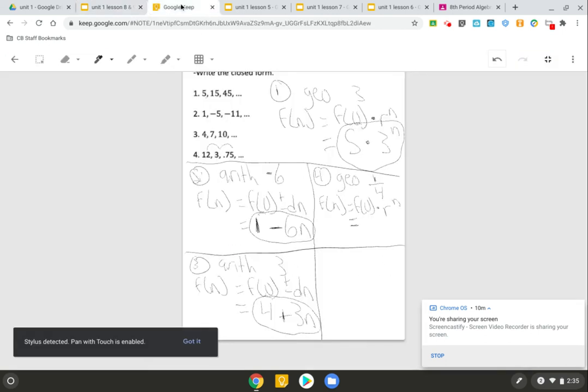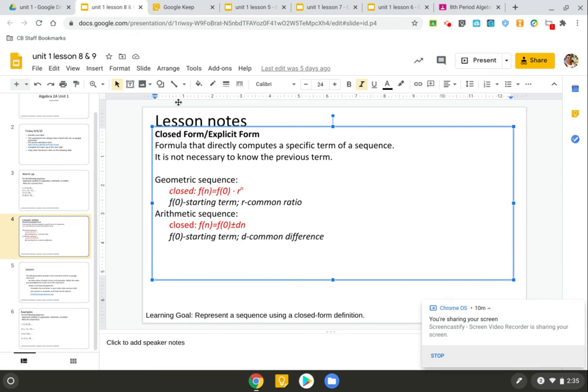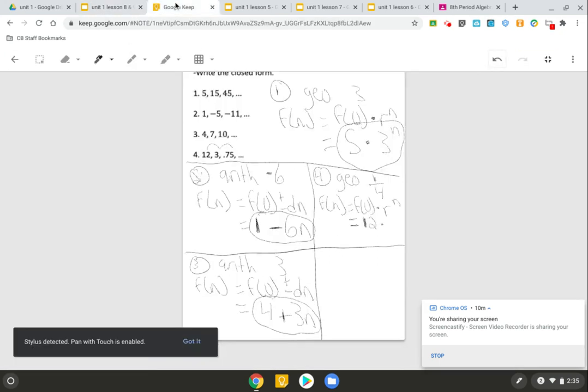So our starting term in this case is 12. And r is our common ratio. And we said our common ratio was 1/4. So 12 times 1/4 to the power of n.